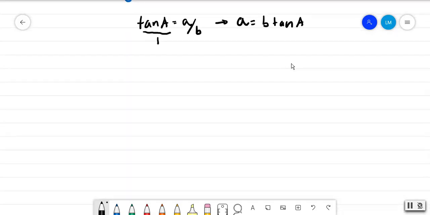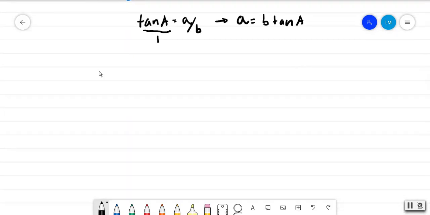So in my first example, I'm going to work on solving a right triangle. Now when we say that, we mean that we're looking for all of the missing bits of information. So for instance, if we draw a triangle, let's just do it like that.